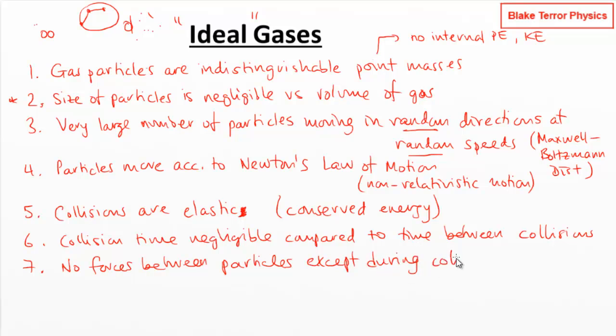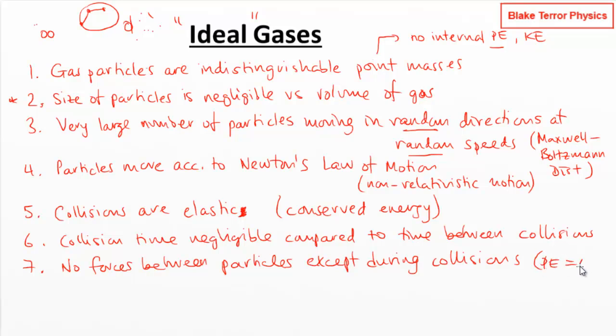The reason this taps into the previous one as well is that this is where you're going to get a little bit of potential energy. If you've got forces between the particles during the collisions, then you might have some potential energy kicking around. So we don't want to be including potential energy at all, not only internally, but just in general.